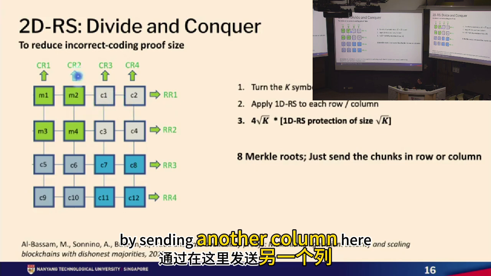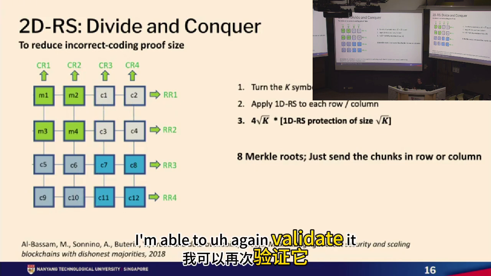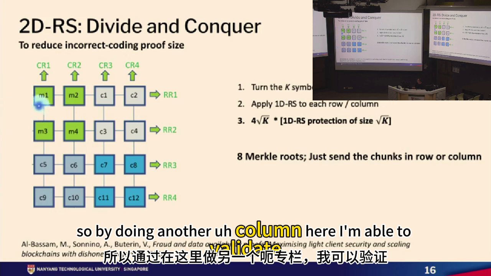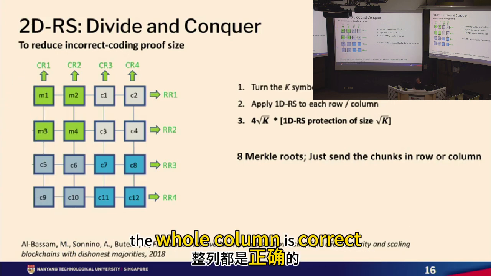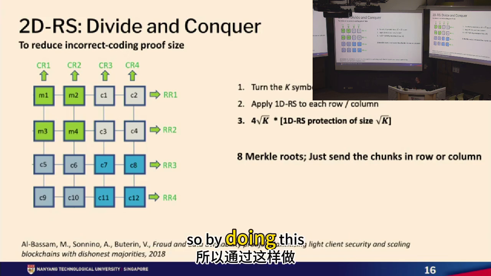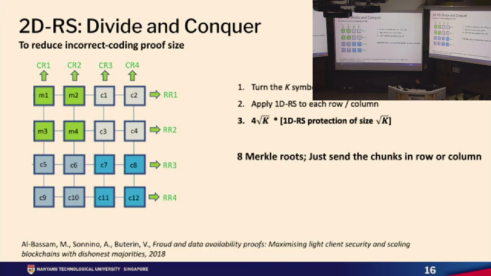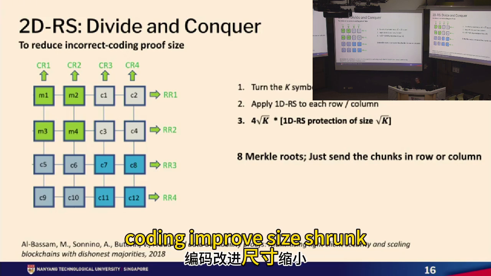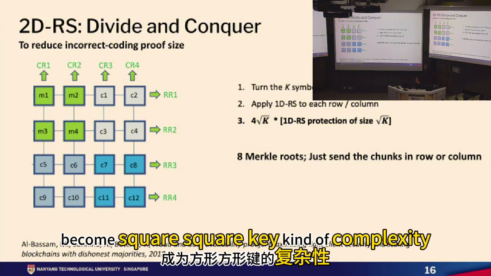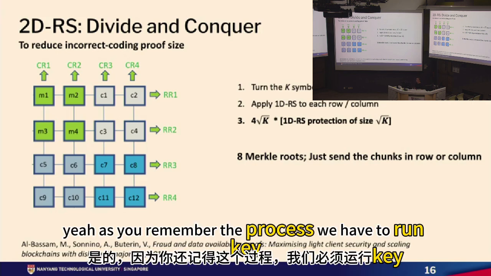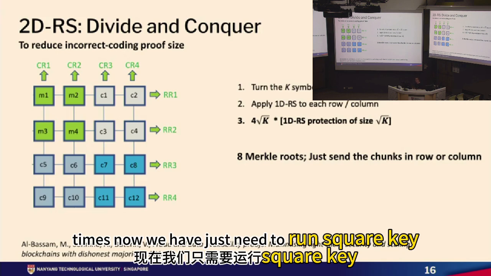By sending another column here, I'm able to, again, validate whether M2 and M4 are correct. By doing another column here, I'm able to validate that the whole column is correct. So by doing this, the incorrect coding proof size shrinks to a square root of k kind of complexity. As you remember, for the proof size we had to run k times. Now we just need to run square root of k.